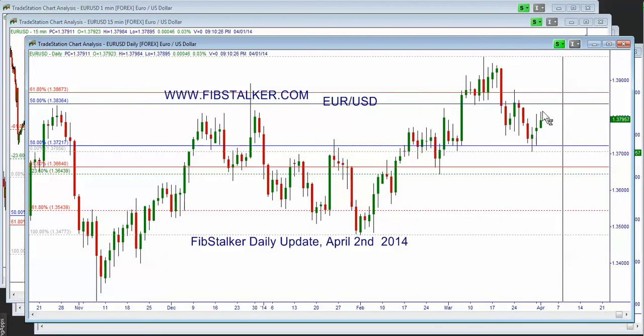It's still possible for this market to retest the level 137.21, and we will see what happens there. If it does not, we will continue higher, and above 138.68 this market will confirm this area of support at 137.21.